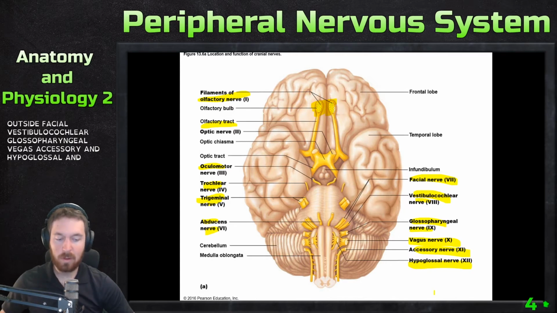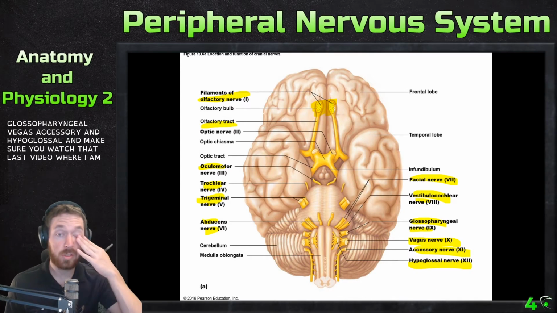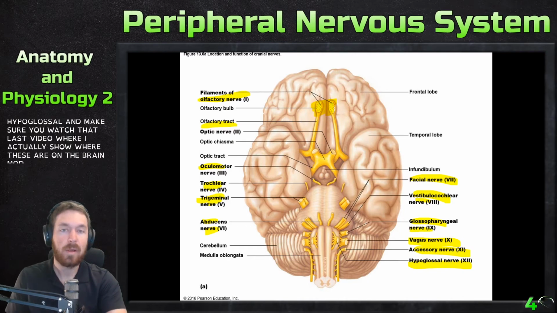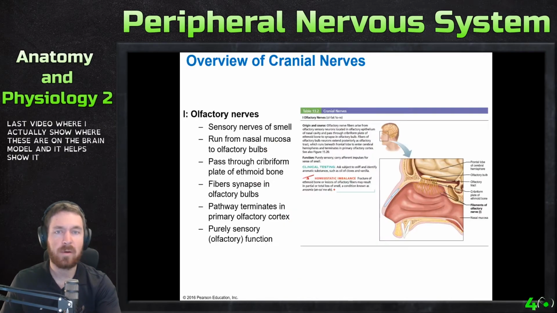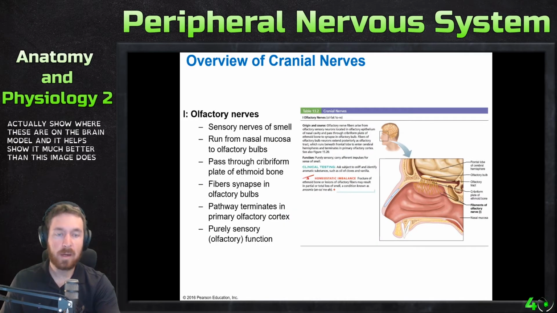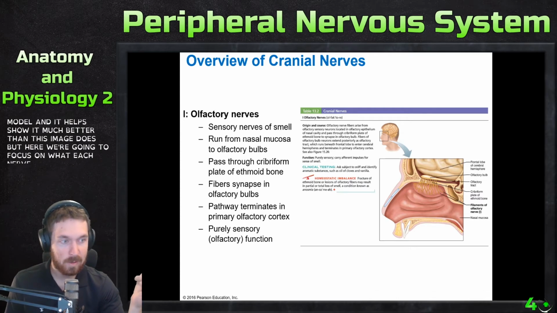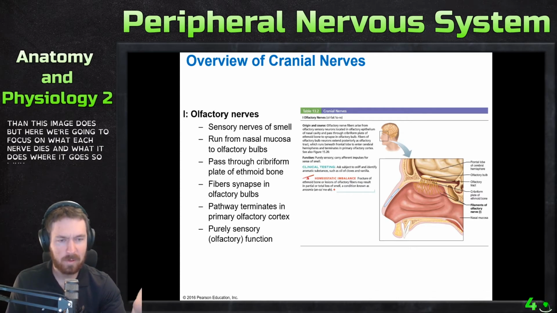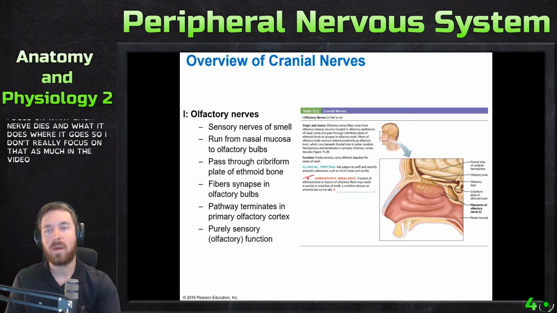Make sure you watch that lab video where I actually show where these are on the brain model, and it helps show it much better than this image does. Here we're going to focus on what each nerve does and where it goes, which I don't focus on as much in the video.